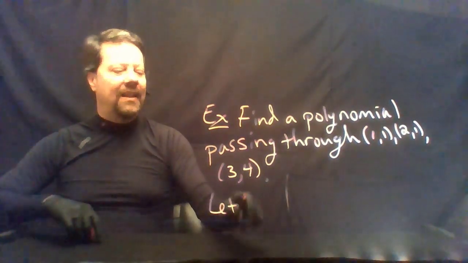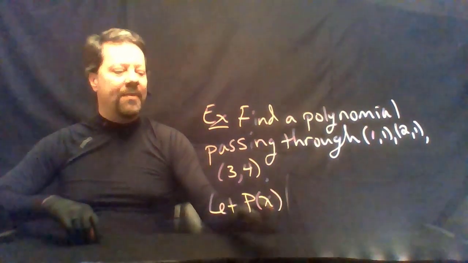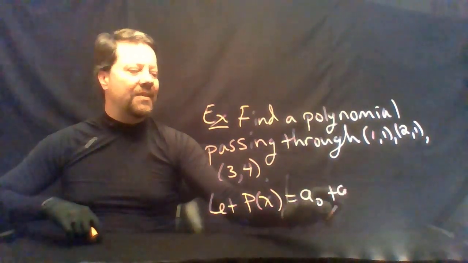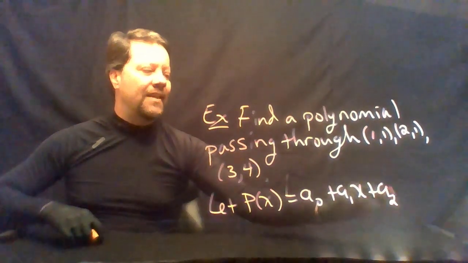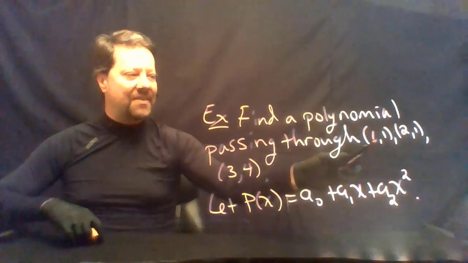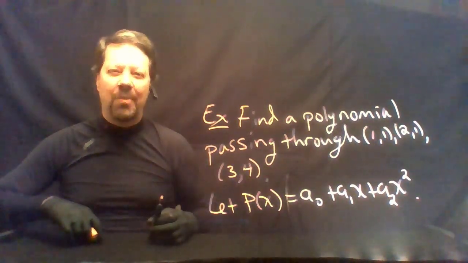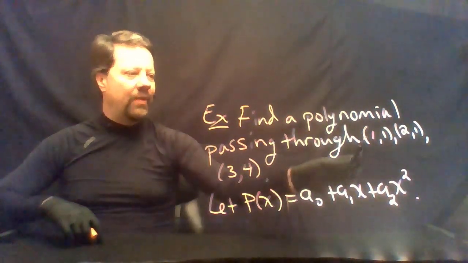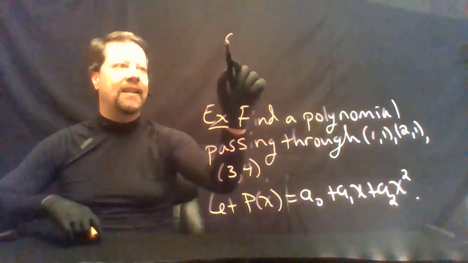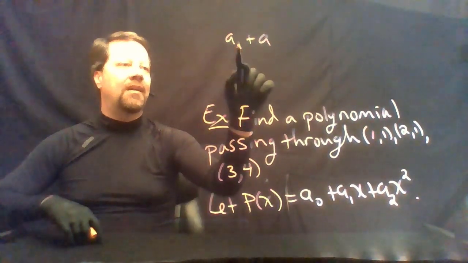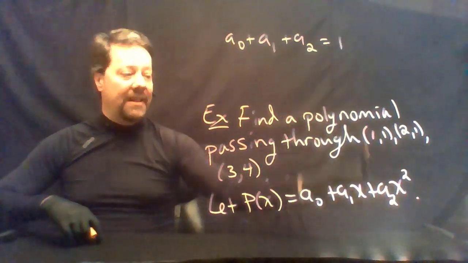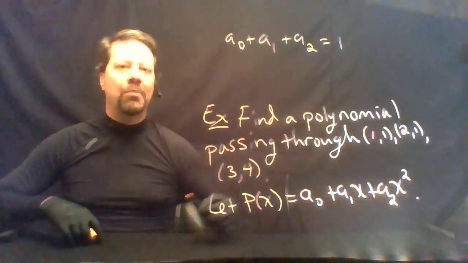In our solution, we'll let our polynomial be called p of x. It's going to be a0 plus a1x plus a2x squared. We want this polynomial to pass through each of these 3 points. That means when x is equal to 1, y is equal to 1. If I plug in x equals 1, I get a0 plus a1 plus a2 equals 1.